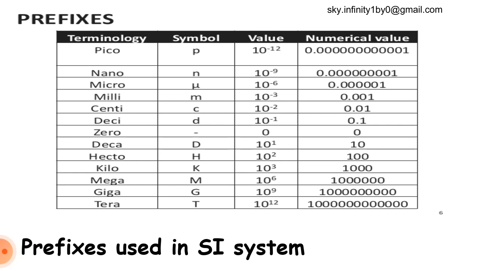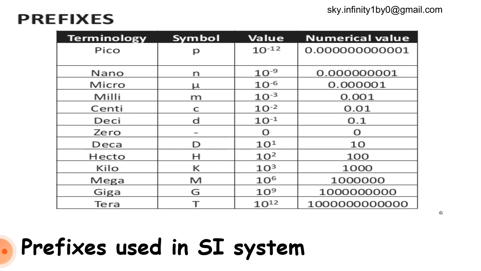The first one being pico for 10 raised to minus 12, nano for 10 raised to minus 9, micro for 10 raised to minus 6, milli for 10 raised to minus 3, centi for 10 raised to minus 2, deci for 10 raised to minus 1.